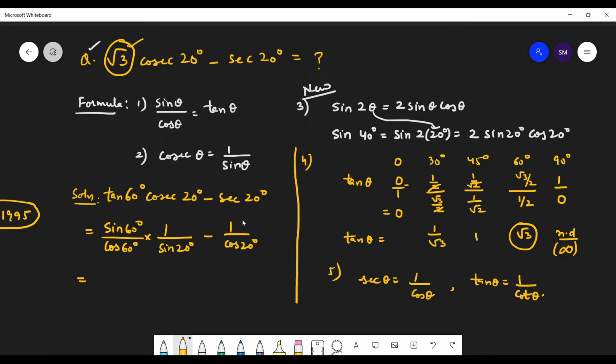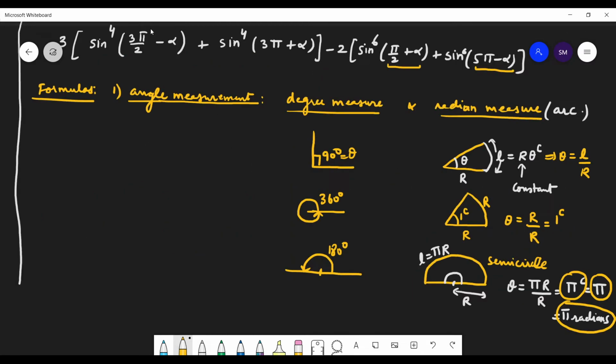Even if you write pi, it means pi radian. You can also write it as pi radians. So these are the three ways to write this. Where c is not written, it means this is a radian.